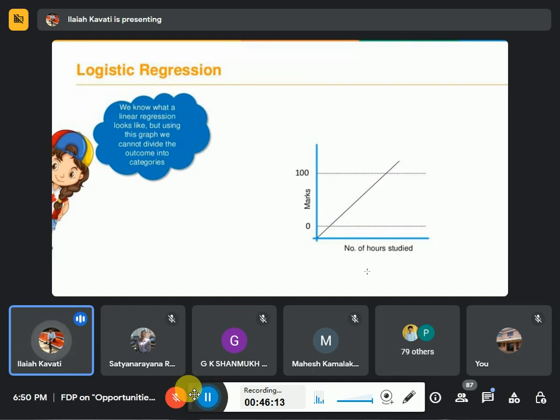Right. So logistic regression. The linear regression model we discussed so far is used for regression problems. Just note it down, this is very, very important.